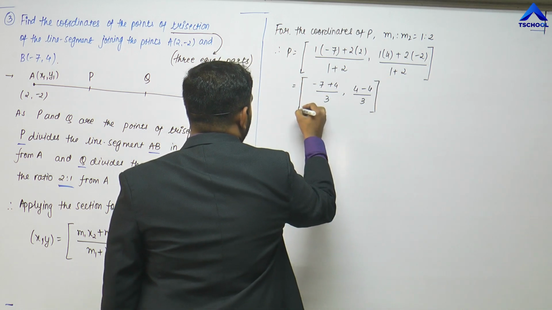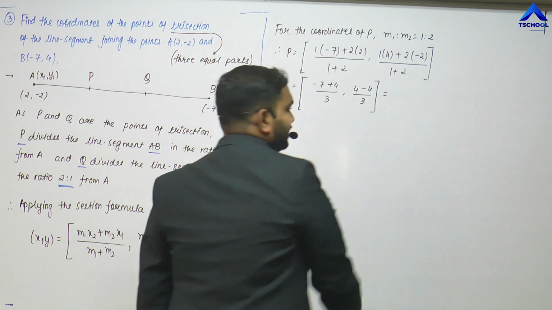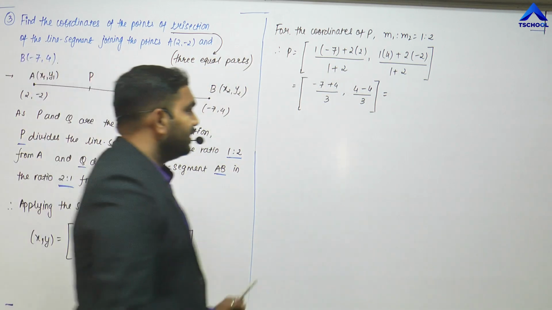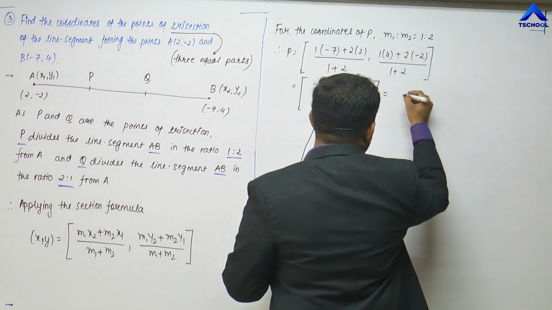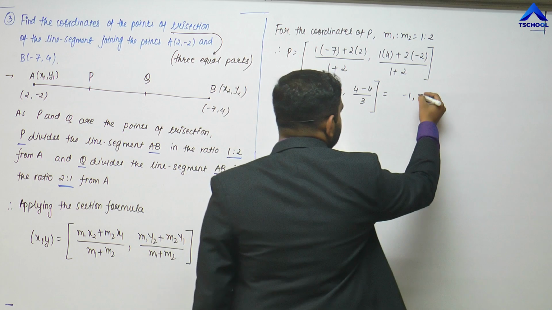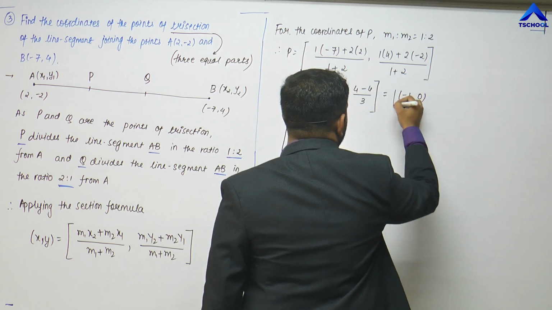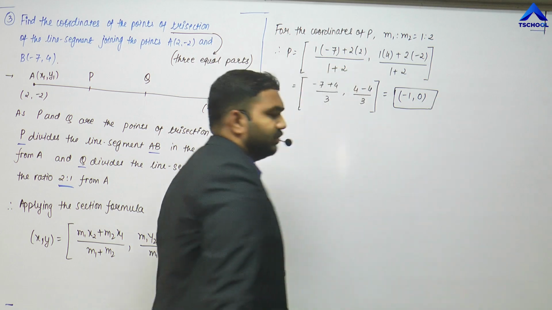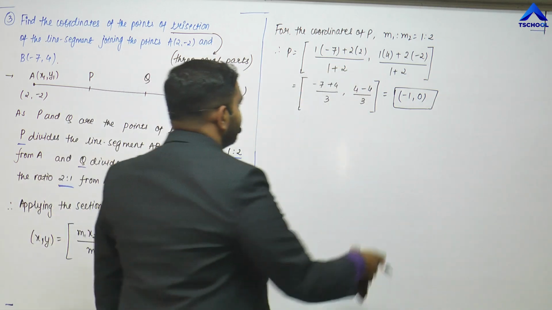Which equals minus 7 plus 4. What is minus 7 plus 4? Minus 3, and minus 3 upon 3 is minus 1. 4 minus 4 is already 0, and 0 by 3 is also 0. So we got the first coordinates, that is minus 1 comma 0. Is it clear, friends?